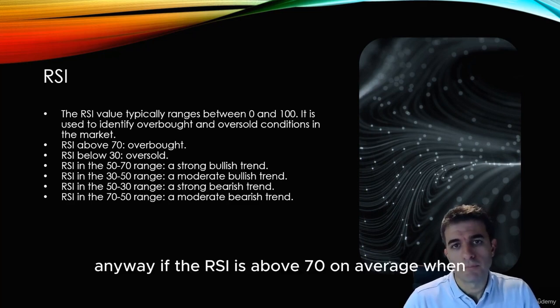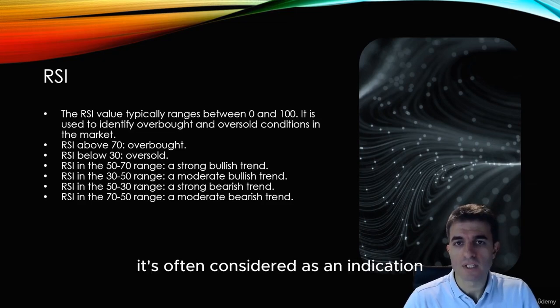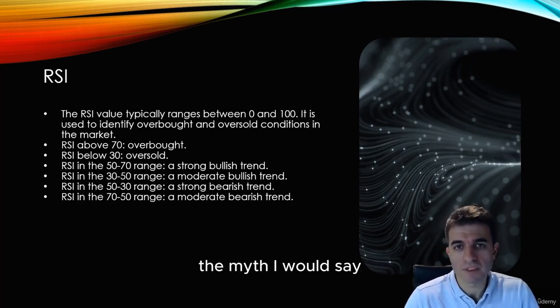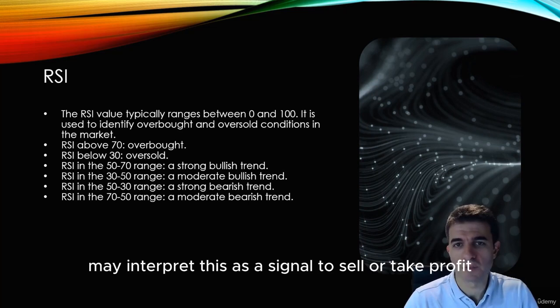Anyway, on average, when the RSI crosses above the 70 level, it's often considered as an indication that the asset is overbought in general. This is the myth, I would say, but this is my personal opinion. So traders may interpret this as a signal to sell or take profits.